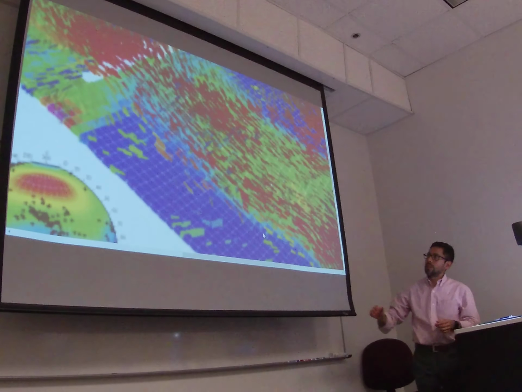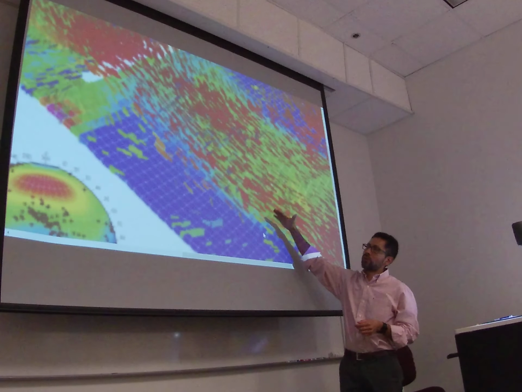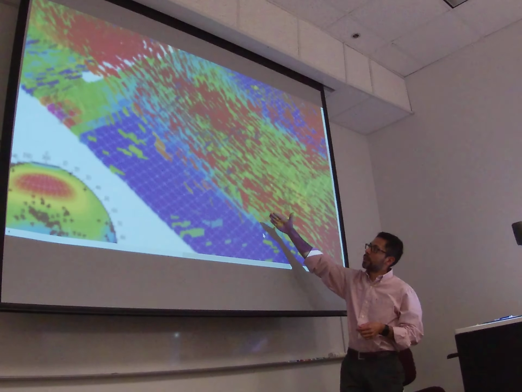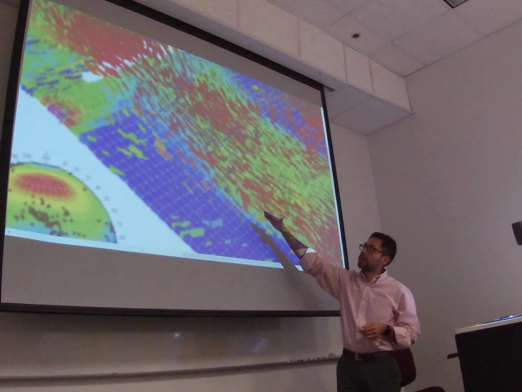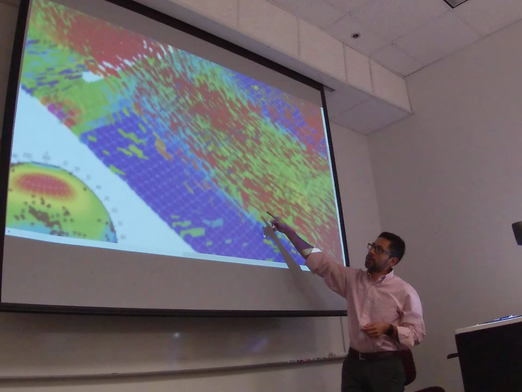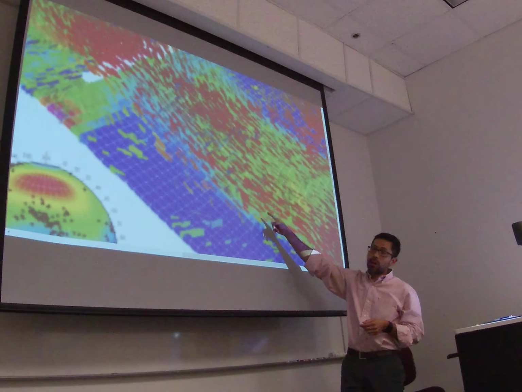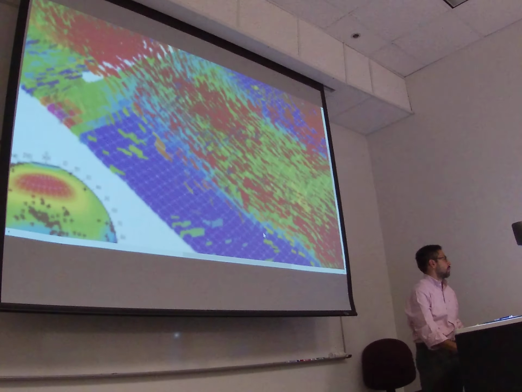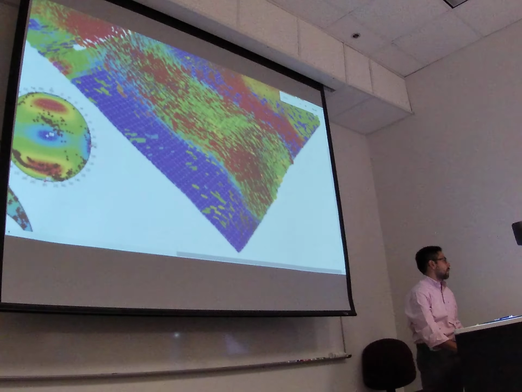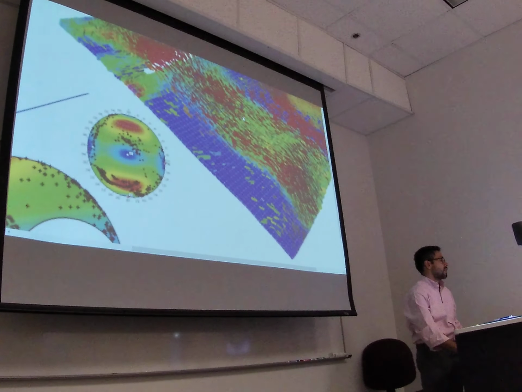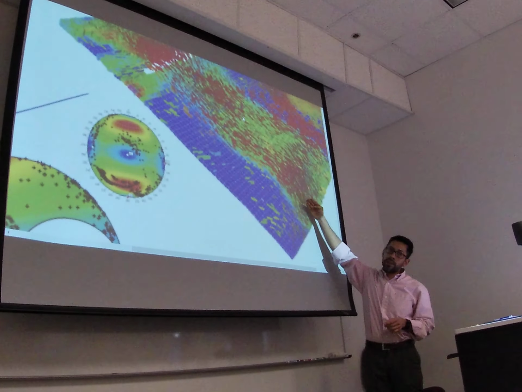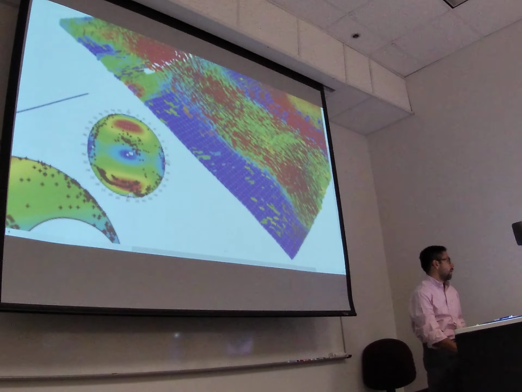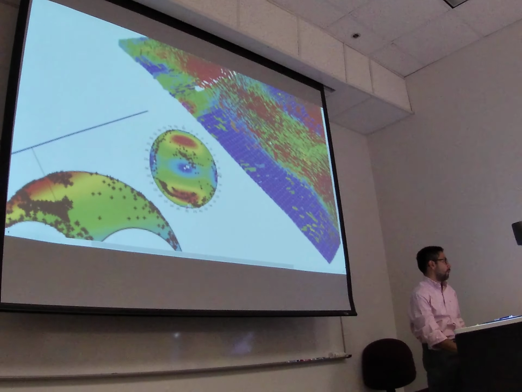Now it looks like just a swarm of little fractures, little rectangles, but each of those has its own strike and dip. And the color of those planes is also telling you that, for example, the fractures oriented at this particular orientation are the ones in red over here.